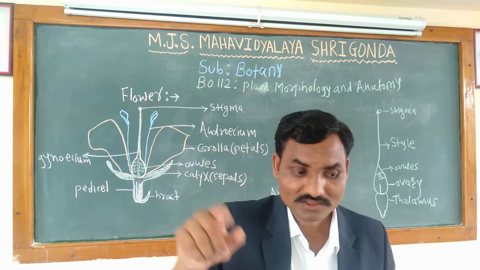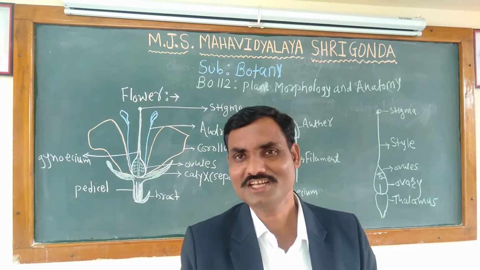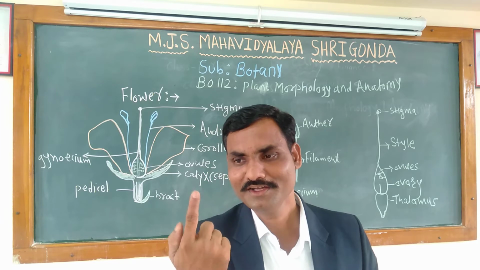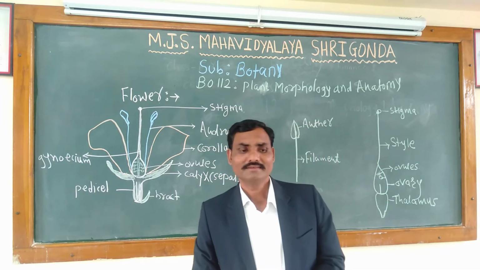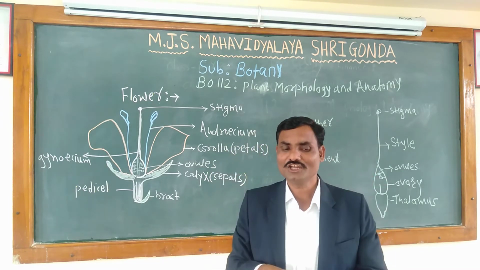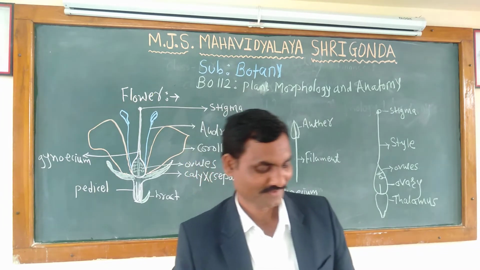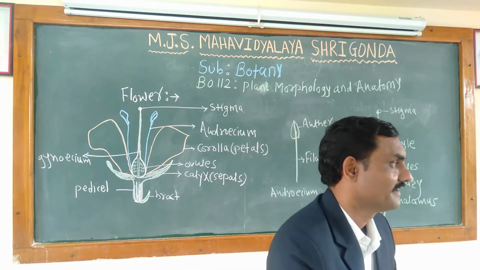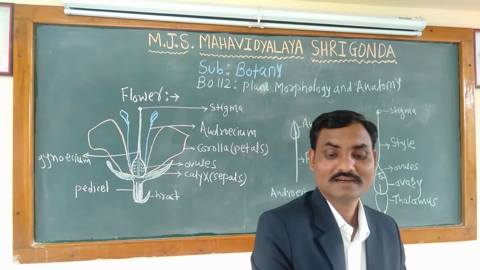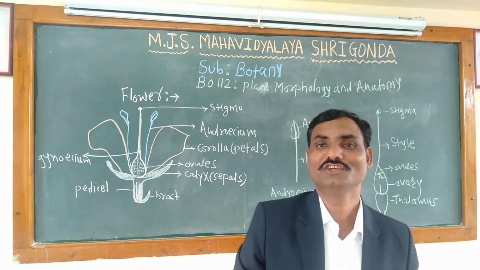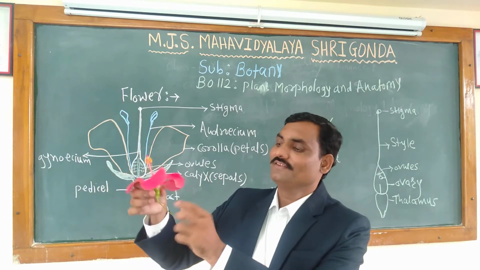It may be long or it may be short. The distance doesn't matter. It may be long, it may be short, but there is a pedicel. And a flower with pedicel or stalk is called pedicellate flower. The example of that pedicellate flower is hibiscus. See, this is a hibiscus flower. This is called a pedicel.